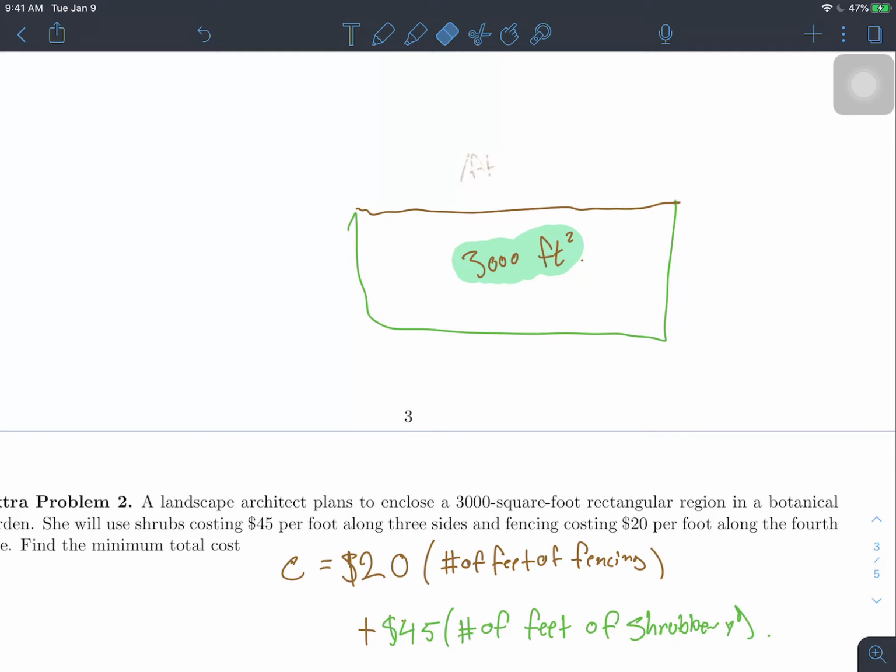Let's go ahead and decide what the dimensions are. I'm going to call this length along the bottom x feet. If I have a rectangle and the length is x feet, well, the length on the top is also x feet.